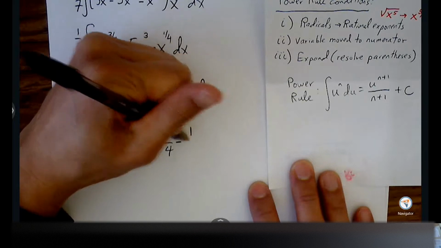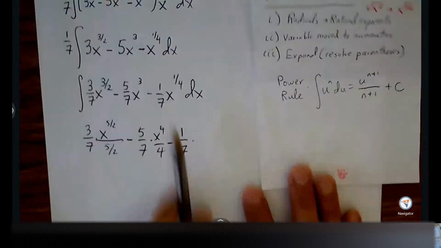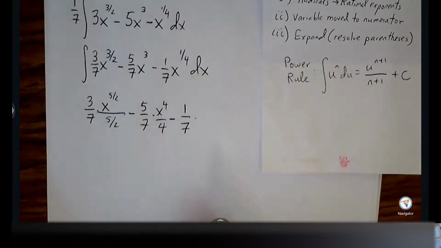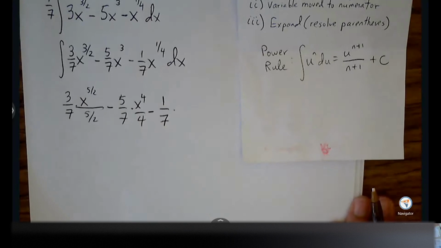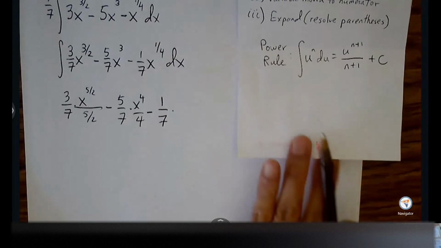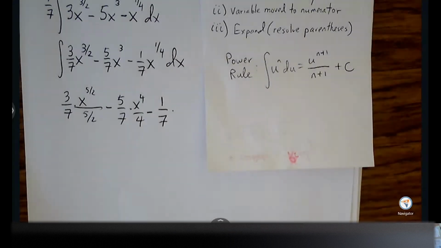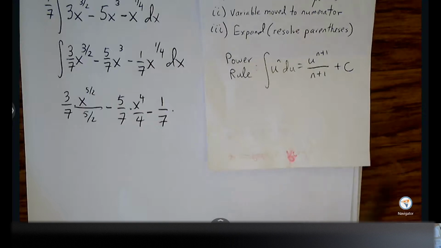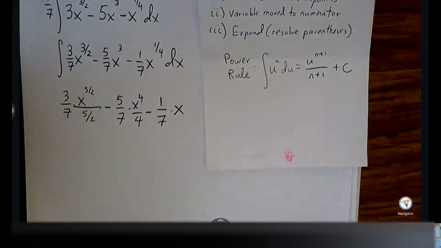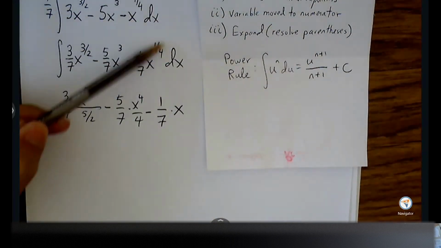Danny, can you tell me the last one? What's the last one going to be? Power rule. x to the 3/4. Okay.